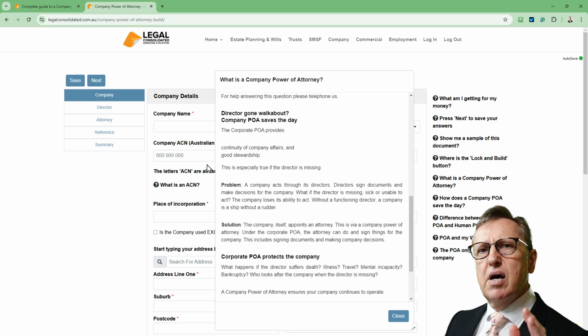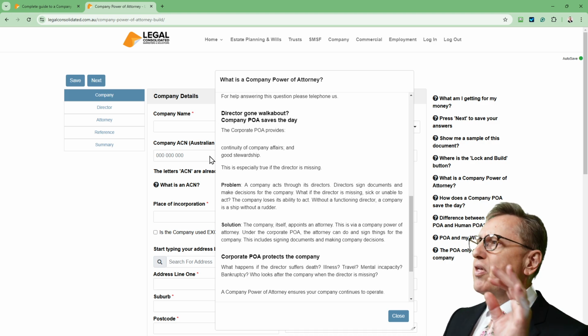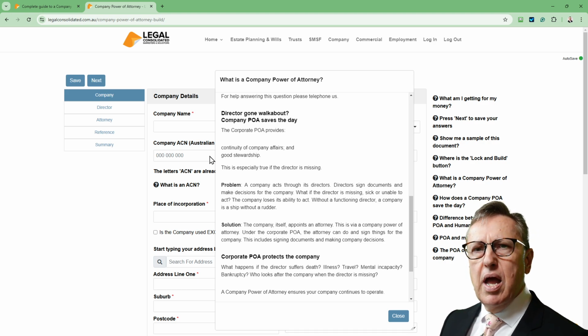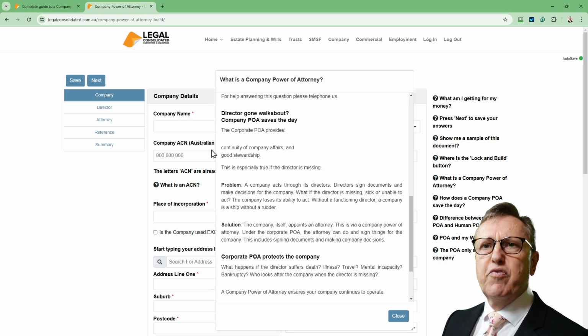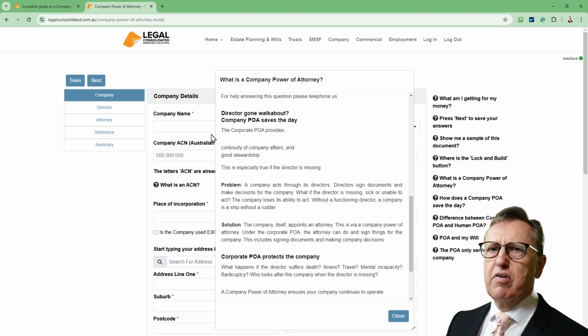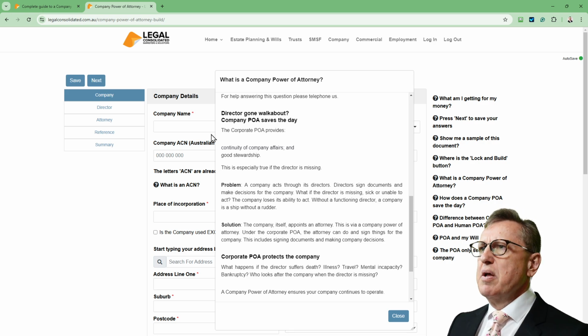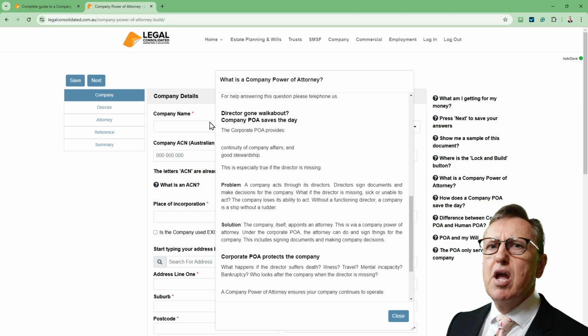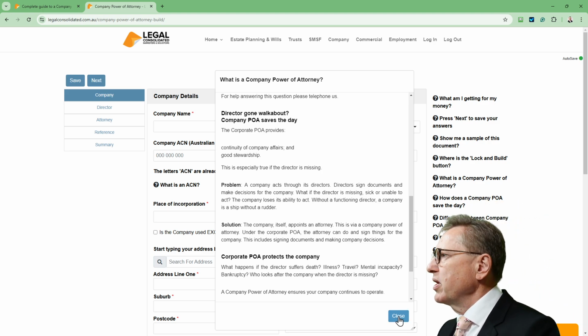Is the company power of attorney signing on behalf of the director? No, of course not. The company power of attorney holds that job for the benefit of the company, not the benefit of the shareholders or the directors. It's for the benefit of the company. It's a company power of attorney, not a human being power of attorney.